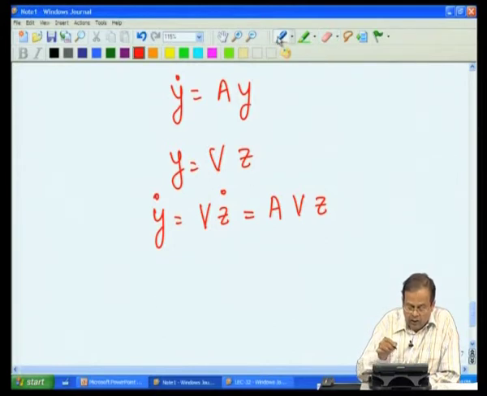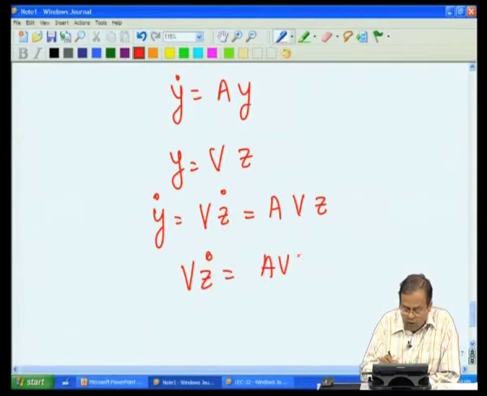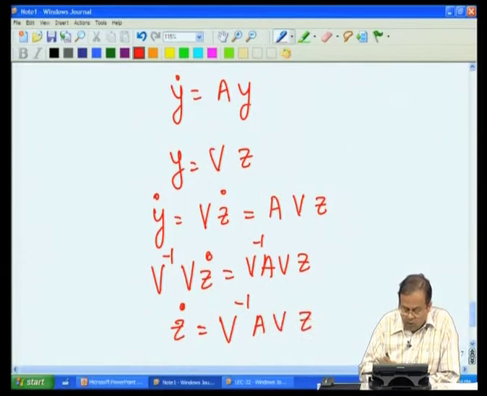I get V Z dot equal to A V Z. So, if I pre-multiply both sides by V inverse, I get Z dot equal to V inverse A V Z.